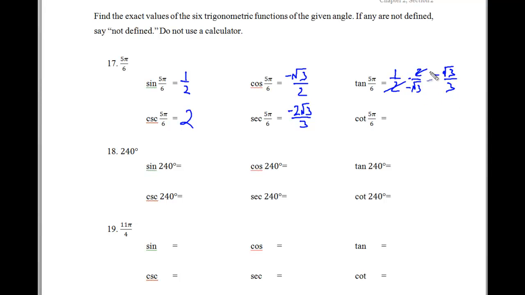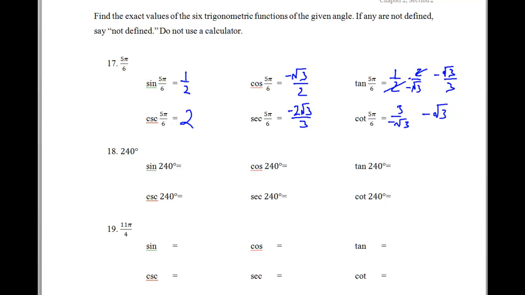I'm not showing the step where I multiply top and bottom by √3, but that's really what happens. Then if we flip this on its head, we would have 3 over -√3. Rationalizing that, we'd have 3 divided by 3 and our √3 in the numerator. So this again is made quicker if you know the unit circle rather than showing out all your steps to get what you need. Now 240 degrees is again on the unit circle.